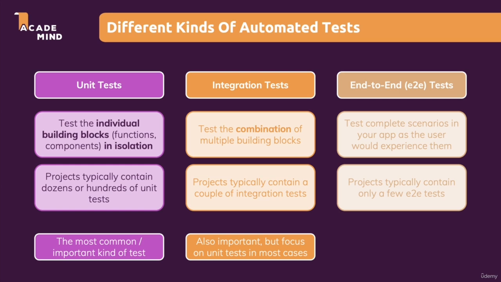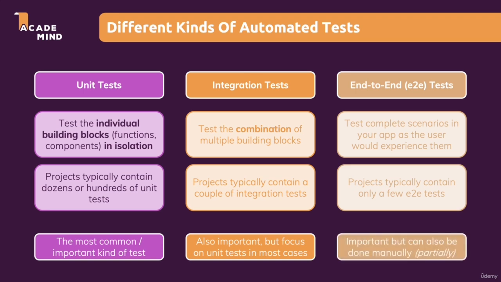They often are quicker to run, and they are more focused, and it's way easier to test all possible scenarios if you test all your units for different scenarios than coming up with all possible scenarios if you look at your app as a whole, which is what you do typically with end-to-end tests. So these are important, but it's basically also what you do manually, and therefore you have fewer of those tests.